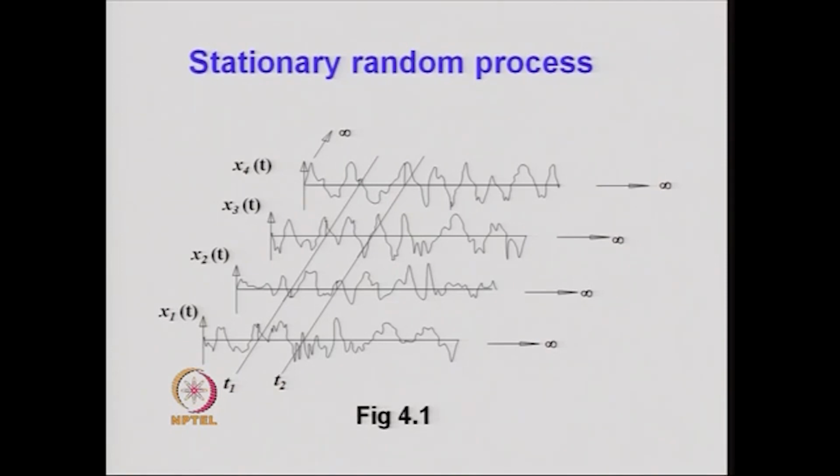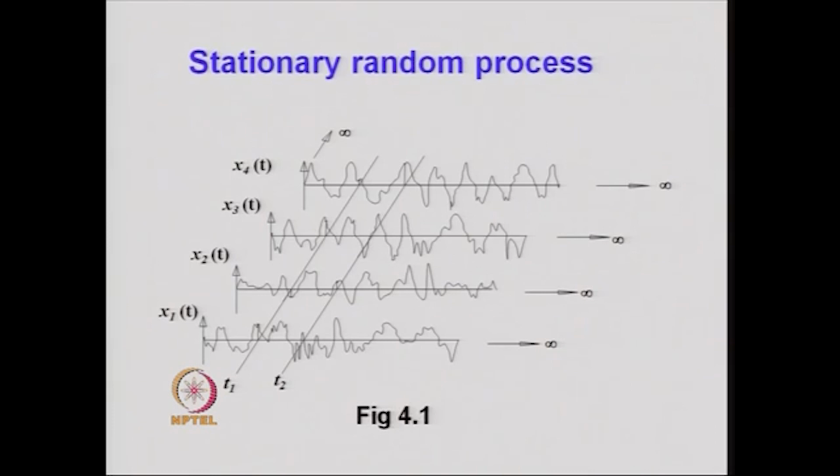Now, one important thing that I mentioned in connection with the seismic input is that whenever we are talking of a random process, we are interested not in only one record, but in an ensemble of records. And I also mentioned that anything irregular is not random.